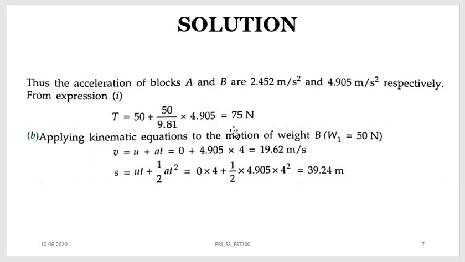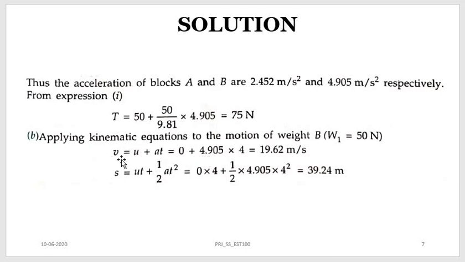Now, the second part of the question is you need to find the displacement and velocity of the first block when it starts from rest, at t equal to 4 seconds. From the equation of motion, v is equal to u plus at, and since it starts from rest, the initial velocity u is equal to 0.